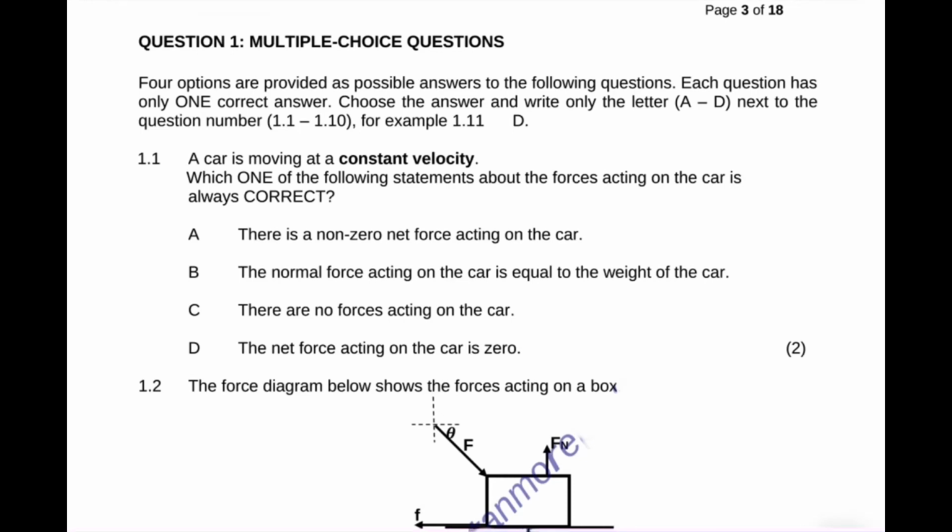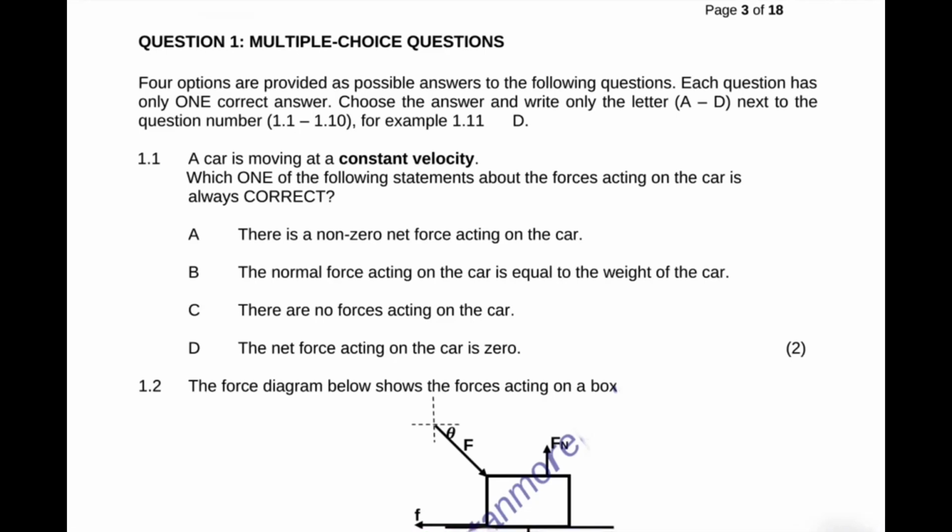A says there's a non-zero net force acting on the car. No, the force cannot be non-zero because the acceleration is 0. If the acceleration is 0, the force must also be 0. And then B says the normal force acting on the car is equal to the weight of the car. That is not always true. And then C says there are no forces acting on the car.